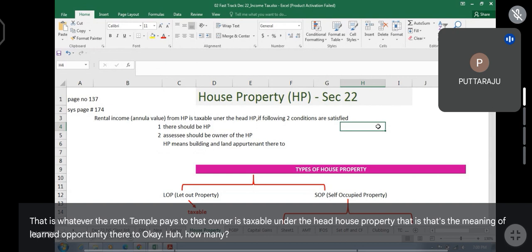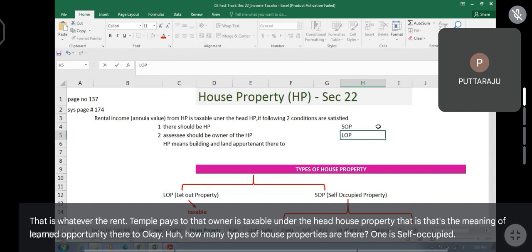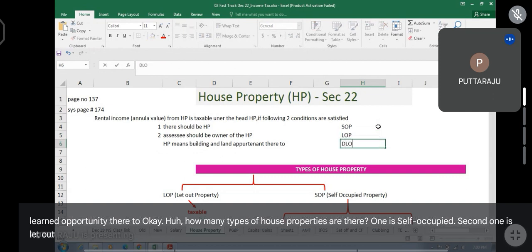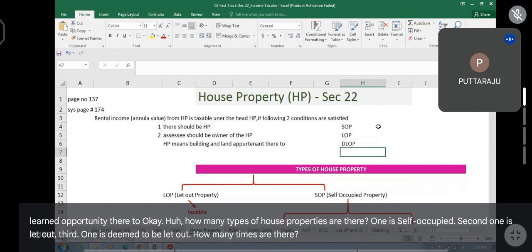How many types of house properties are there? One is self-occupied, second one is let out, third one is deemed to be let out. How many types are there? 3 types. What are those?